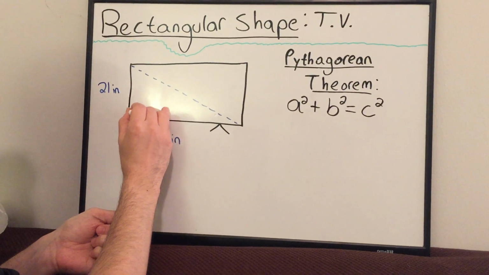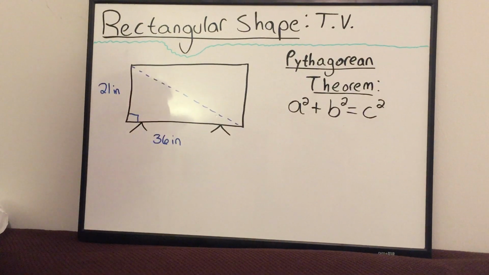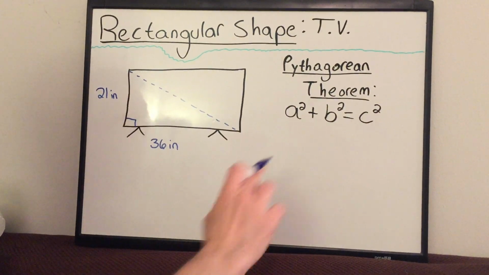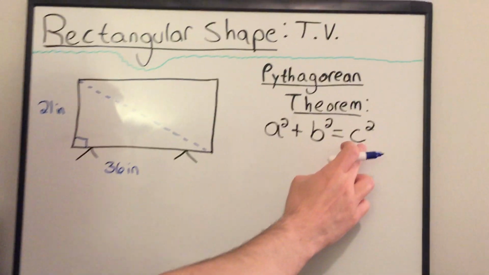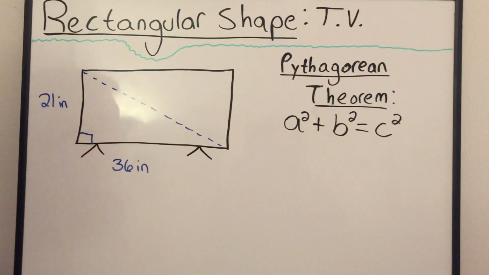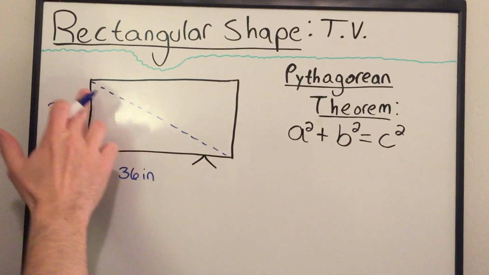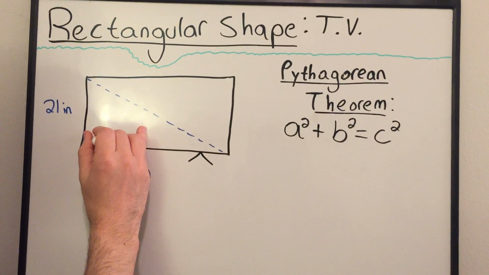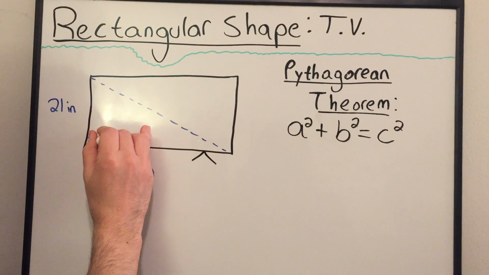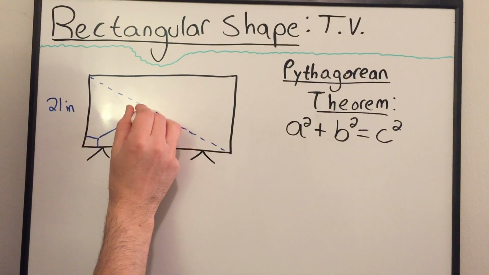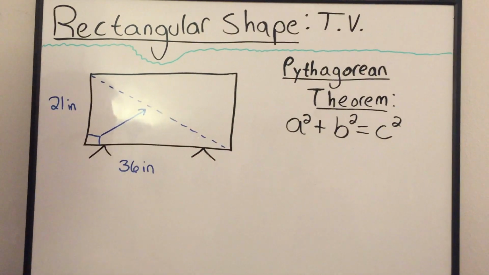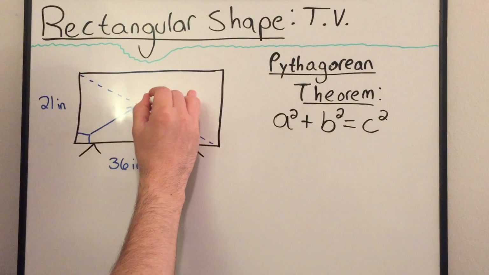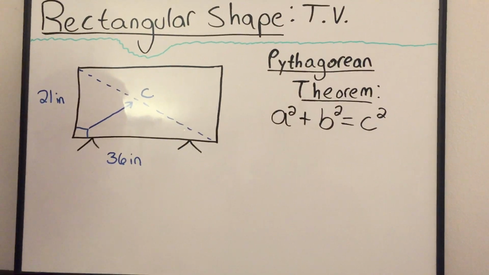Hopefully this is bringing back some memories of the Pythagorean theorem. If you remember, the c is always associated with our diagonal, our hypotenuse. If you go straight across from the 90-degree angle, that is always going to be your c. That's always your hypotenuse.